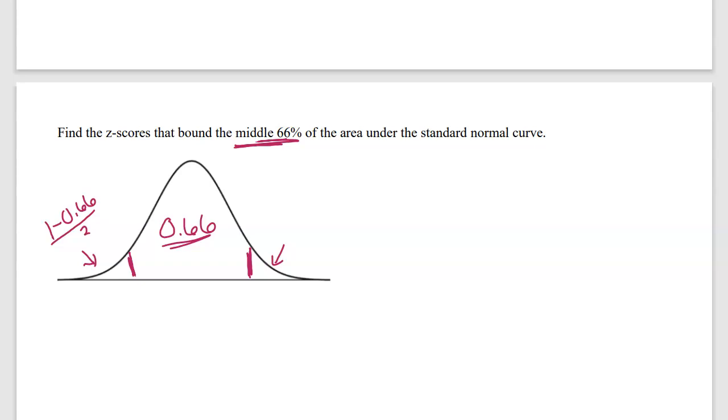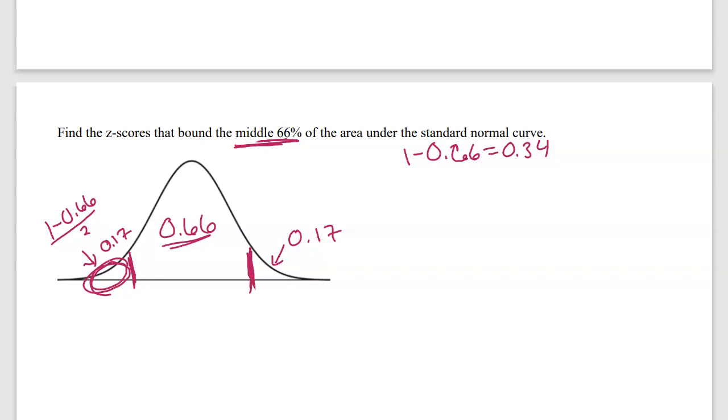So if we subtract 0.66 from 1, that's going to give us 0.34, or 34%. We divide that by 2, and each one of these tails is going to have 0.17. So this right here is a 0.17.